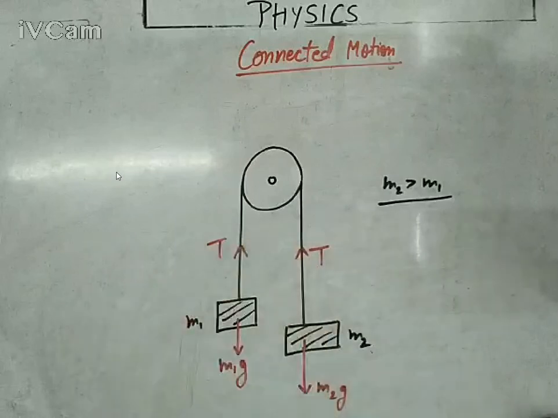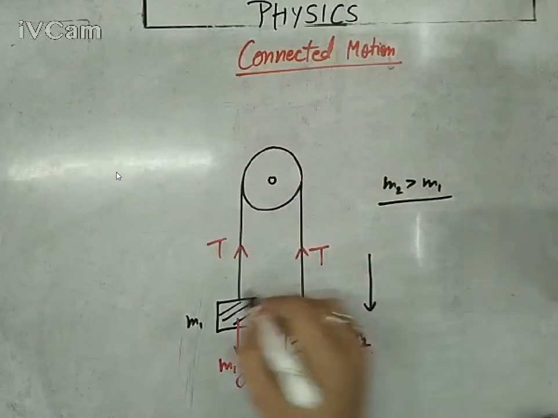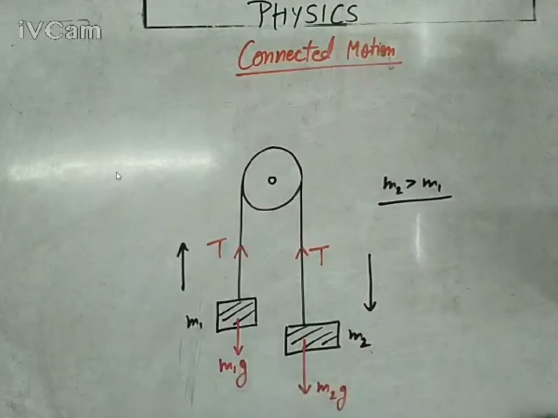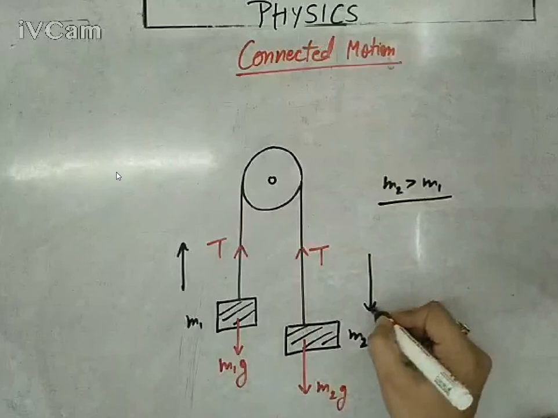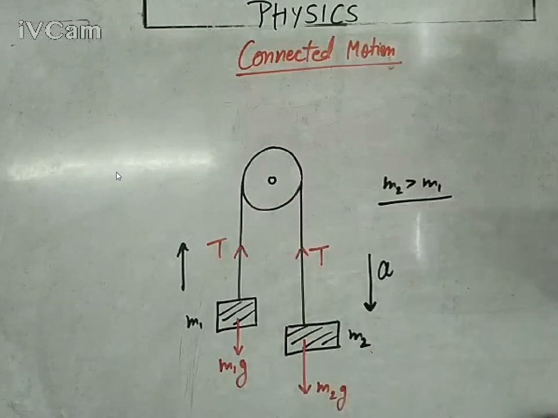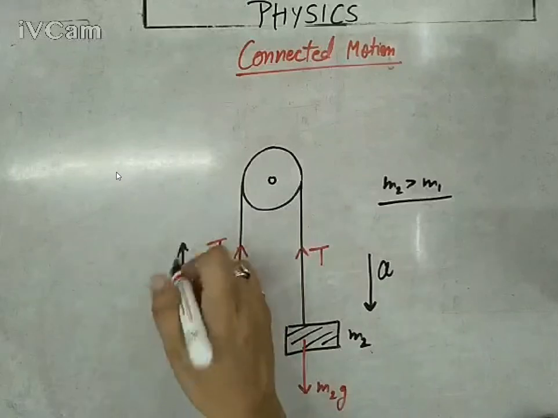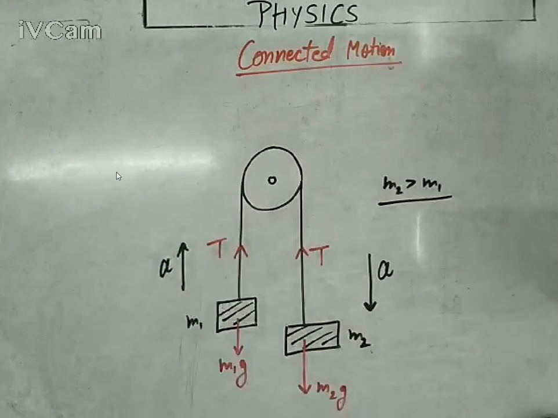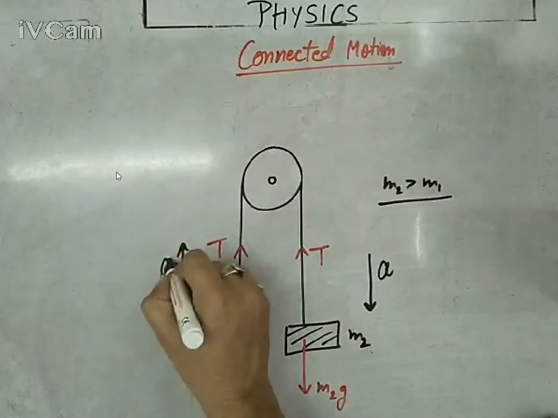Let's call it T. Now, since m2 is greater than m1, definitely this body will start to move in a downward direction and this body will start to move in an upward direction. If I say that the body is moving down with an acceleration a, then definitely the first body will accelerate in an upward direction with the same acceleration, equal in magnitude and opposite in direction.